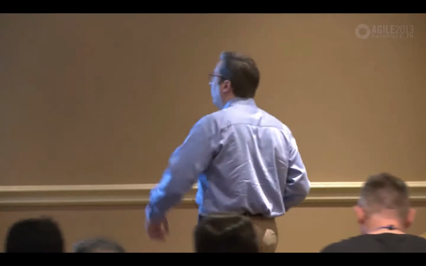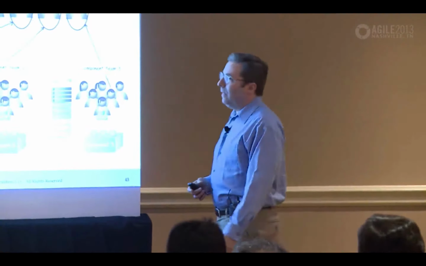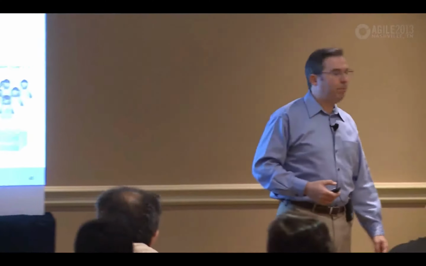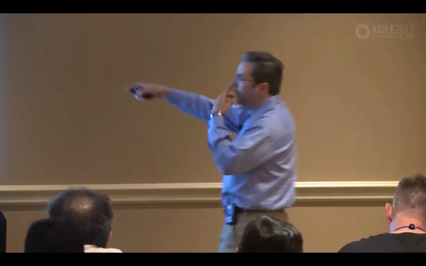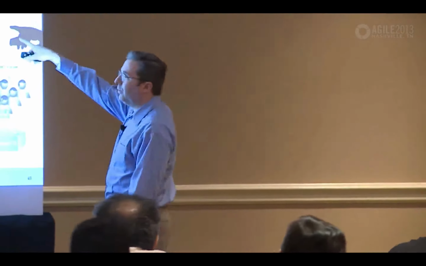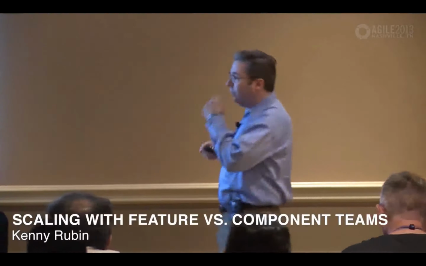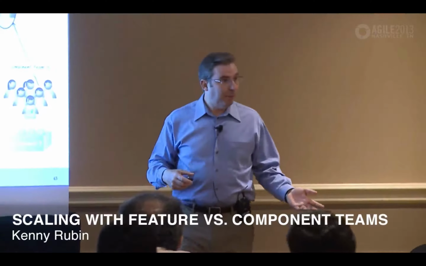So one way we could approach this, you recall in the 2 previous pictures that looked like this, we had features that were being broken into their constituent component pieces and put into the product backlog. The first thing that you'll notice that's different in this picture is say hello to the feature team. The other pictures didn't have the feature team. So here we do. So notice what's going on. It's pretty simple.